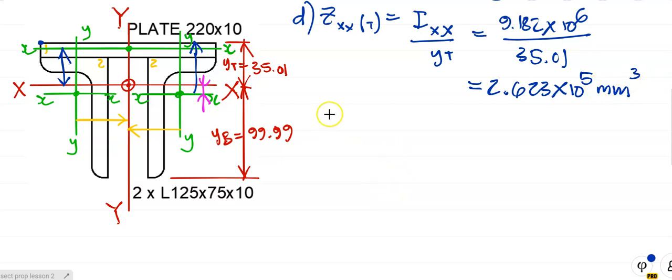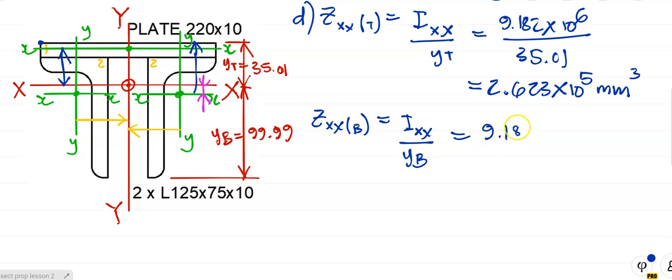Okay, right, and ZXX with regard to the bottommost fiber is equal to IXX over Y bottom, which is 9.182 times 10 to the power 6. Y bottom is just a shade under 100.